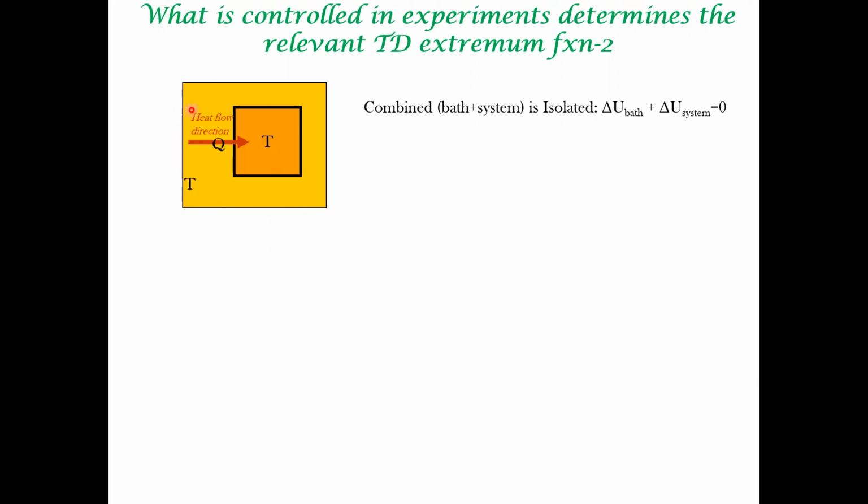Because the combined system is isolated, the changes in internal energy of the bath, that is the atmosphere in this case, and the changes in internal energy of the system sum to zero. The overall change is zero because it is internal exchange. This change is counteracted by that change so that the total change is zero.